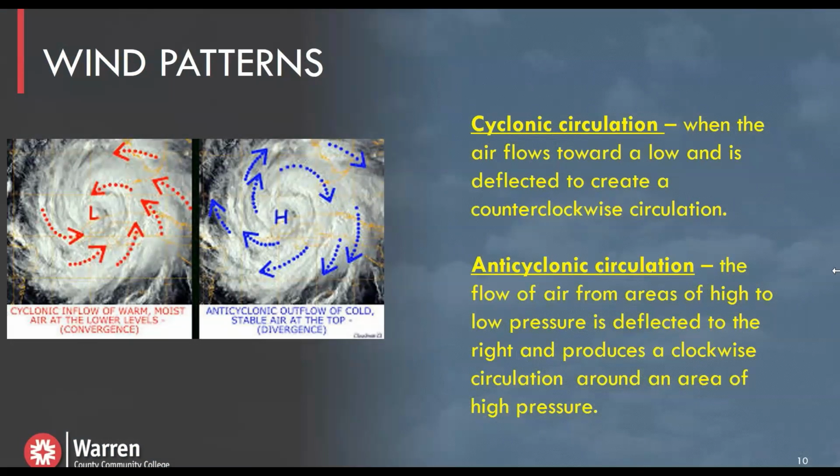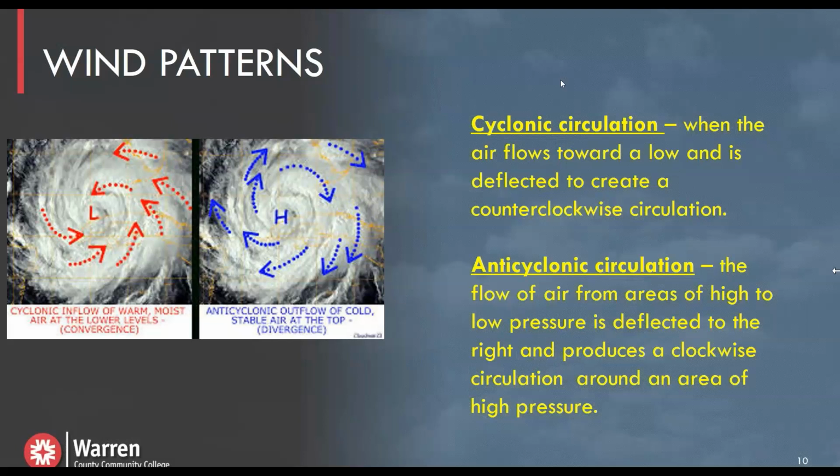So there are two basic wind patterns. There's the cyclonic circulation, and there's the anticyclonic circulation. The cyclonic circulation, we can see, happens during low pressure and goes counterclockwise. Anticyclonic, which is the outflow of cold, stable air at the top, happens in high pressure systems, and it is a clockwise pattern.